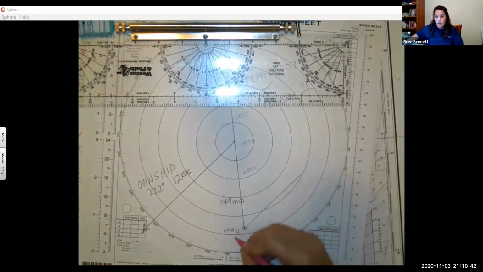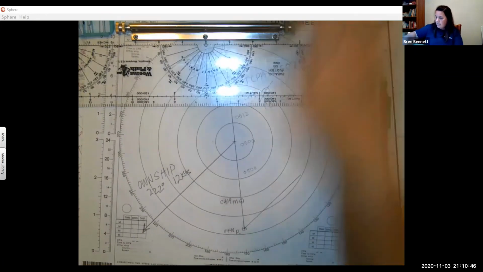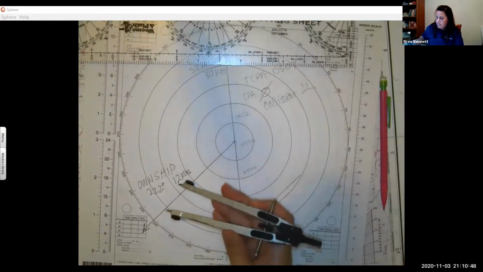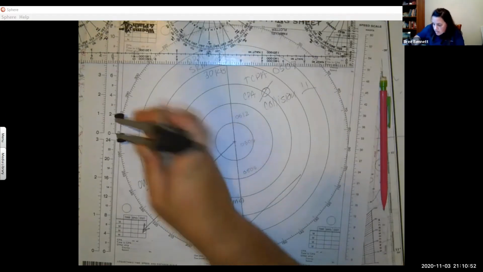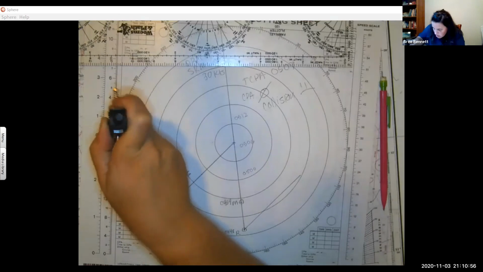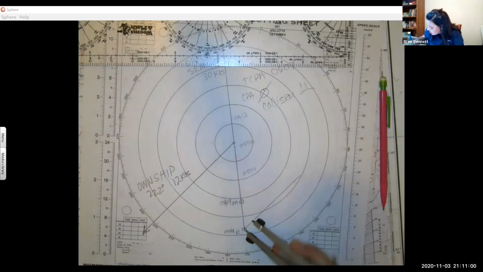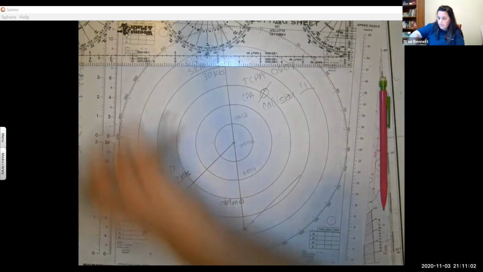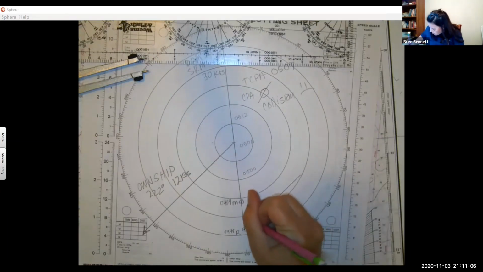So I plotted away from R, and then I want to get my distance in 6 minutes, which would be 1.2, because I'm going 12 knots. So here is my E.